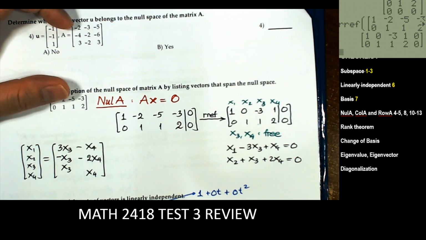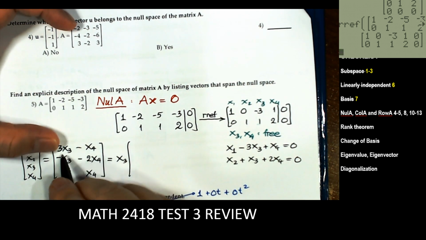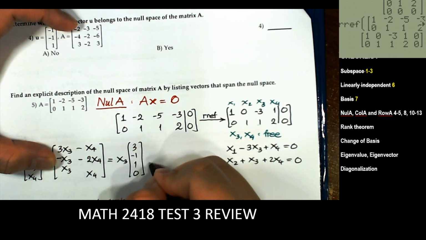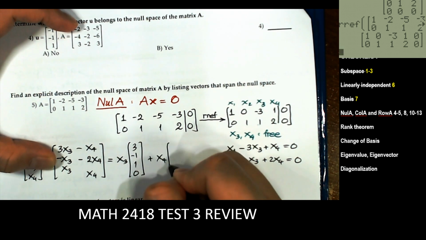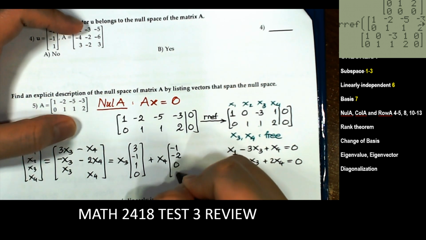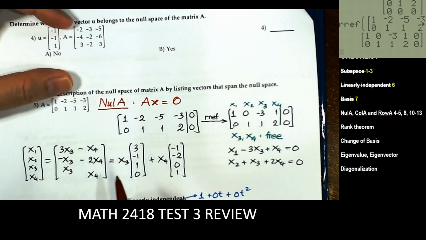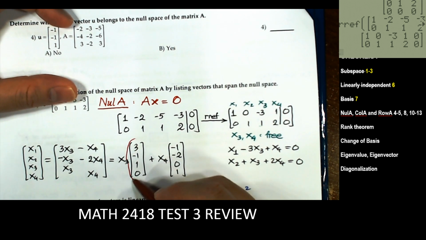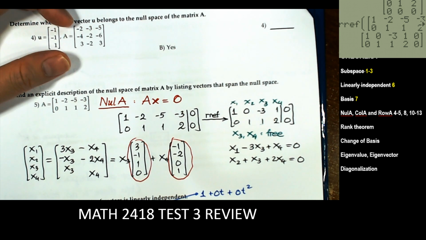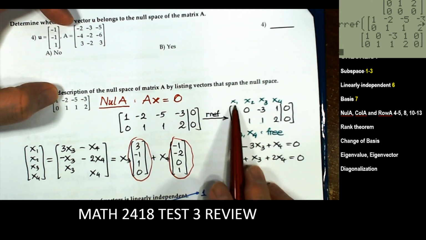With that we can rewrite as x3 times (3, -1, 1, 0) plus x4 times (-1, -2, 0, 1). So we say that the null space of A is generated by these 2 vectors, and so that is a 2-dimensional object in 4-dimensional space.